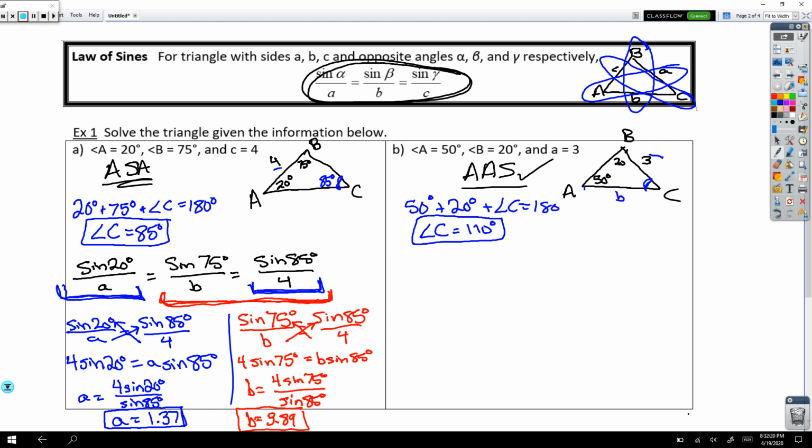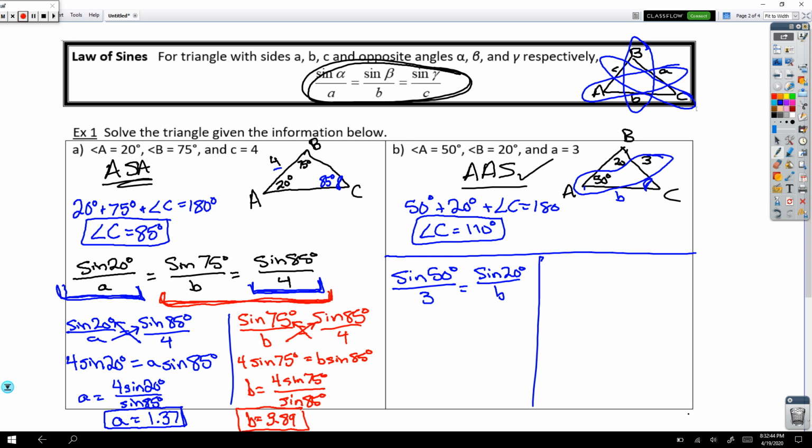So this is the ratio I'm given, so sine of 50 over 3, and I'm going to use that to find side B. So sine of 50 degrees all over 3 equals sine of 20 degrees all over B. I think it's easier to just split it up on your first step.